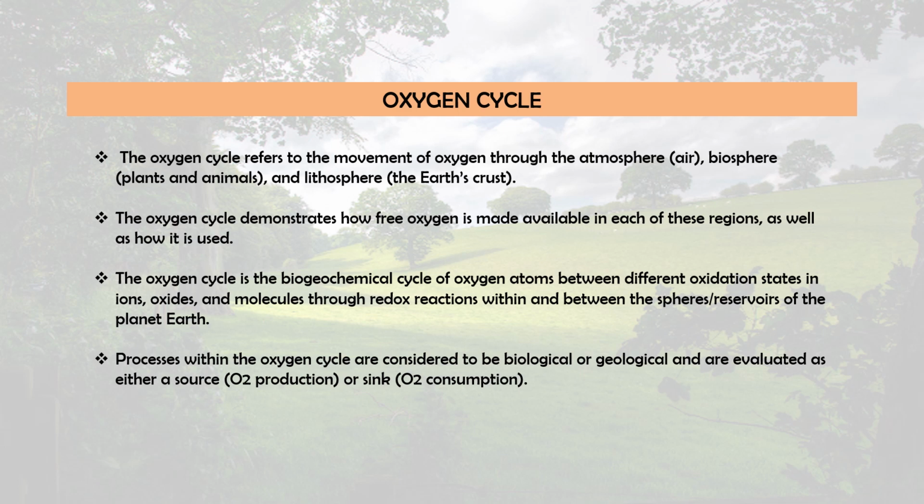So the processes within the oxygen cycle are considered to be biological or geological, and are evaluated as either a source, that is O2 production. We will see how much oxygen is produced, and a source is a substance like plants, they produce oxygen, so we will consider them as a source.